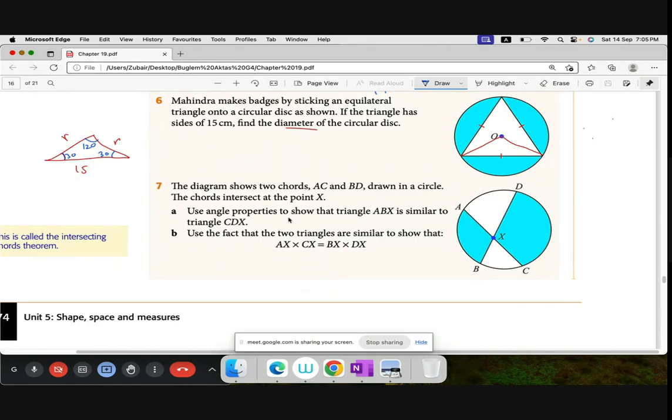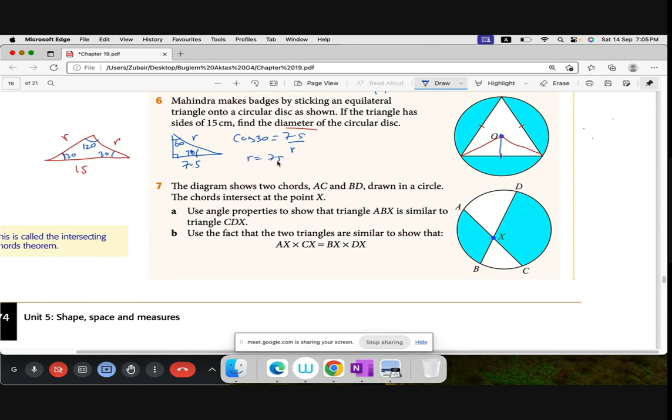Which rule will we use? Do you remember trigonometry? Yes, I do. It's sine, cos, and tan. But this is not right angled, so we can't use any of those. Either we can use the sine rule or we can convert this into a right angle by dividing in half, so it would be 60 and 30 and 90. 7.5, 30, radius, and 60. Now if I just use 30 and 7.5, cos of 30 is equal to base over hypotenuse.